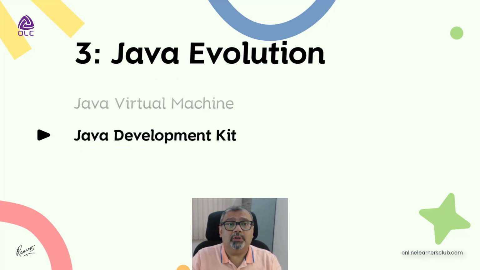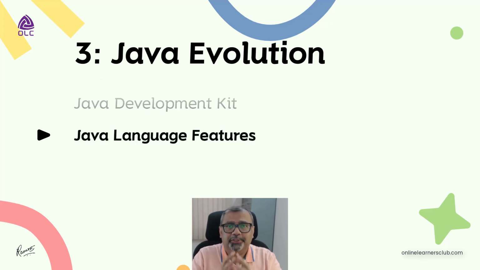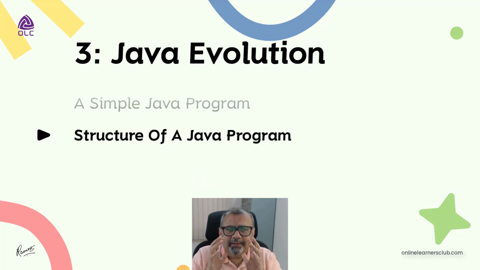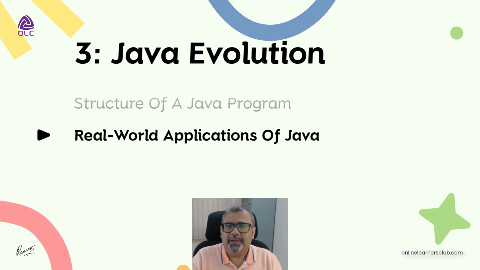We'll discuss the Java development kit, and then look at certain salient features of the Java language. Next, we'll look at writing a simple Java program, which is very important for us to understand what the basic structure of a Java program looks like.